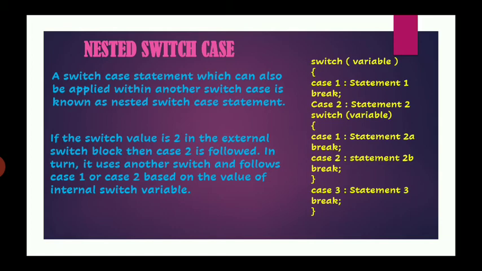Okay, so in turn it uses another switch and follows case 1 or case 2 based on the value of the internal switch variable. So if I choose case 2, then only I will enter inside the another switch case statement. So this is one of the examples of nested switch case. So follow the syntax, then you will be able to understand.